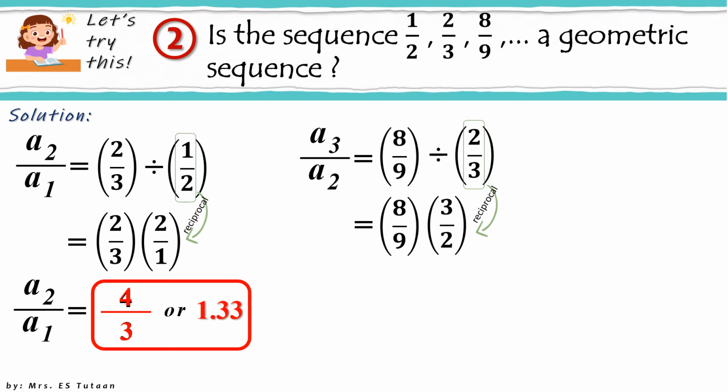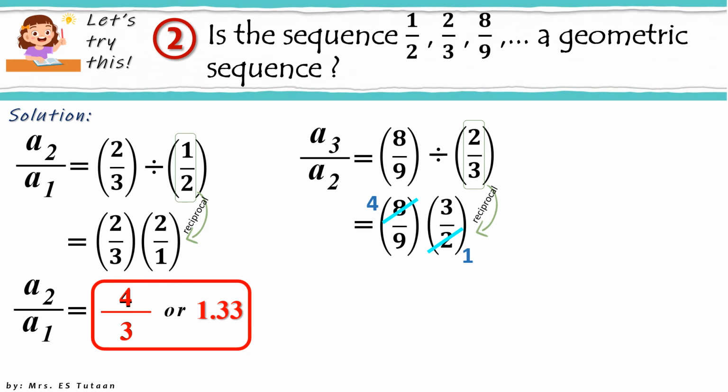So, in this case, sa example natin, merong common factor ang ating 8 at 2. Ang common factor niyan ay 2. So, we will divide both 8 and 2 by 2. So, 8 divided by 2 is 4. 2 divided by 2 is 1.